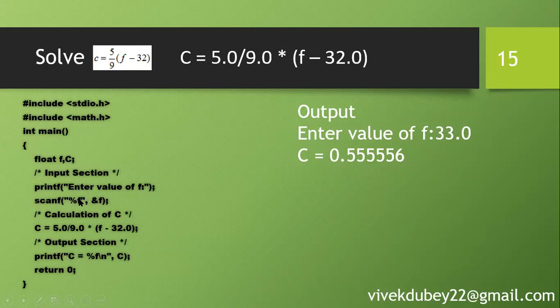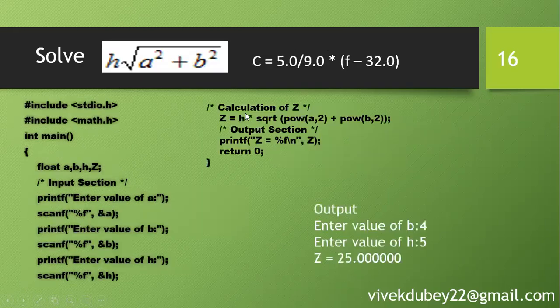Here we are using %f for the real number, and as usual, the address operator and this F. Now in the calculation, we will write the same expression, and then in the output section display the value of C. So this is the formula to convert Fahrenheit to Celsius.